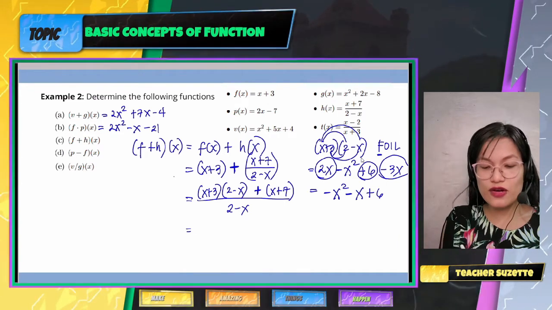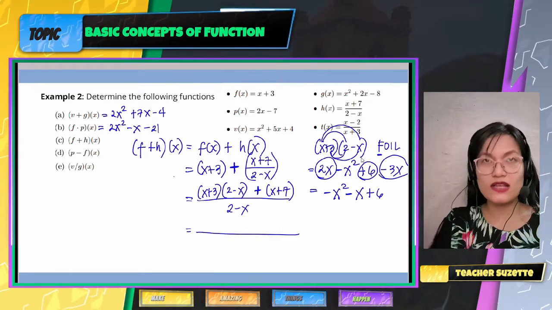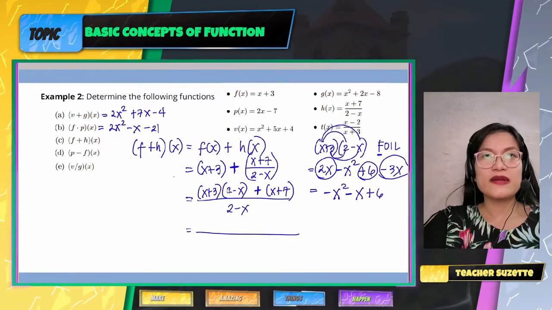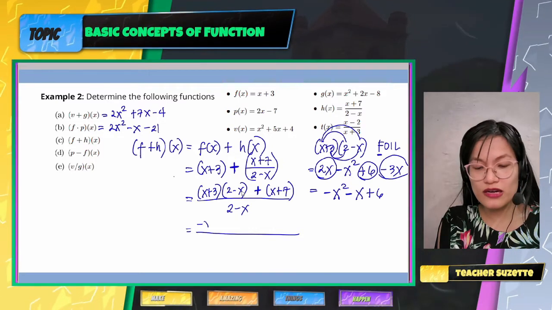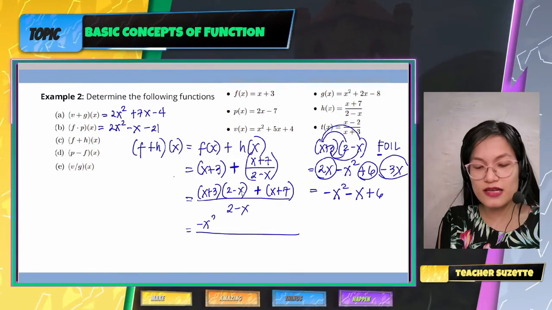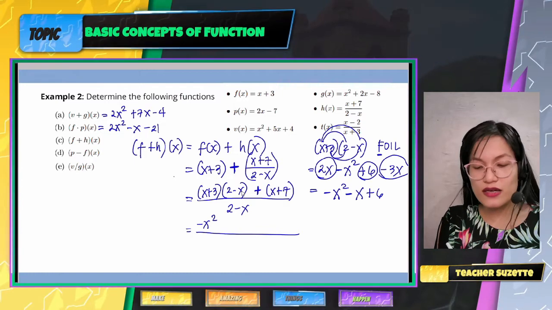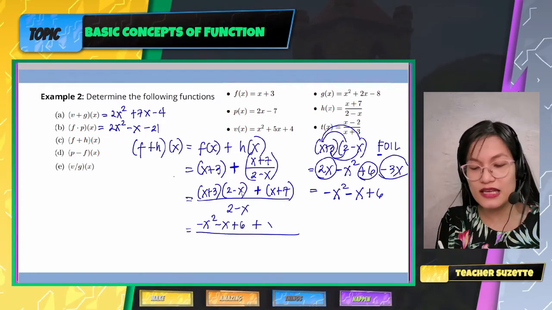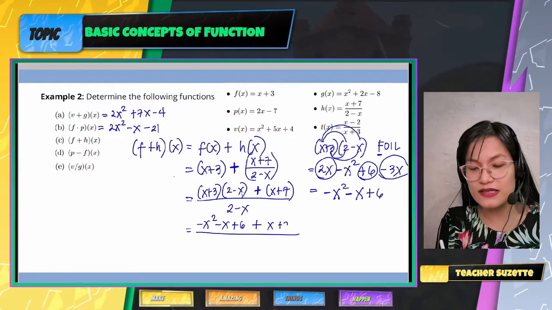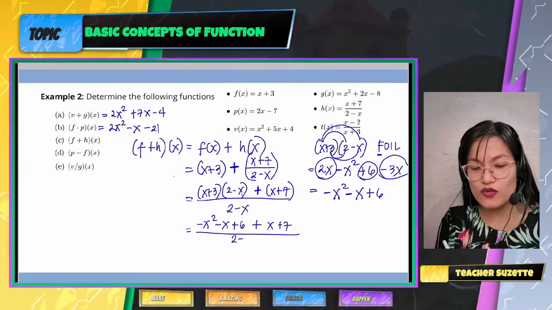So, therefore, the numerator x plus 3 times 2 minus x is equal to, or let us rewrite it as its product, which is negative x squared minus x plus 6. Then, let us add right away our x plus 7 all over 2 minus x.